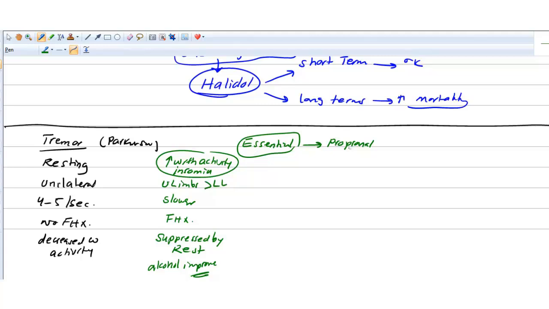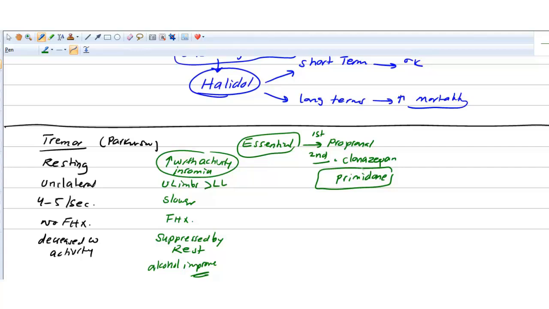So for modality of treatment, propranolol is the first choice. The second choice, I remember, is one or two: a typical antipsychotic, and the second one is Primidone. Now, Primidone is interesting.